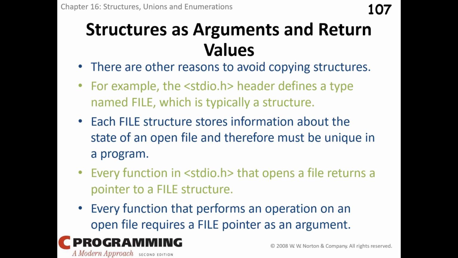For example, the standard input output header defines a type name FILE, which is typically a structure, and each FILE structure stores information about the state of an open file and therefore must be unique in a program. Every function in the standard input output header that opens a file returns a pointer to a FILE structure, and every function that performs an operation on an open file requires a file pointer as an argument.